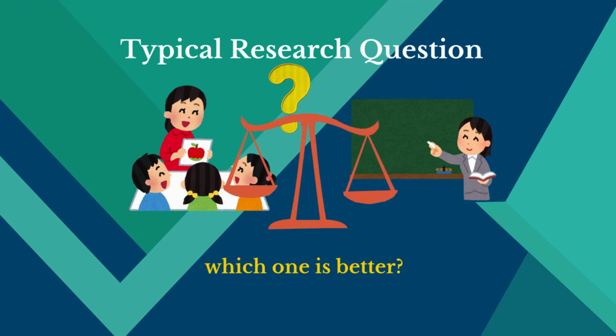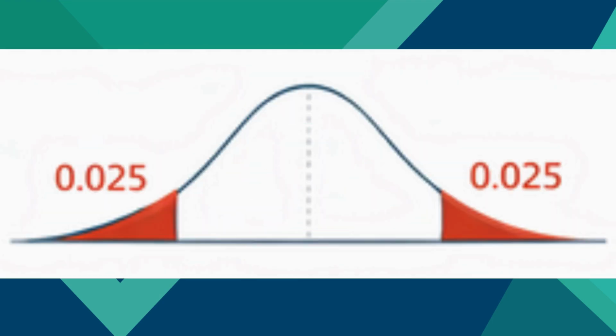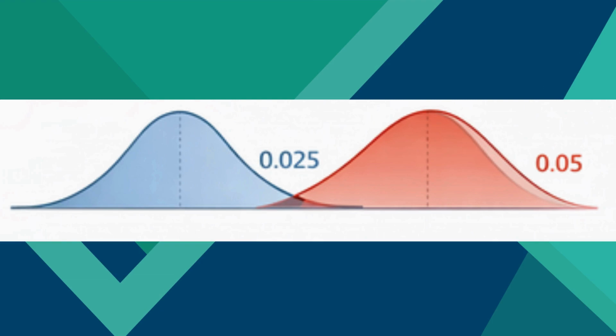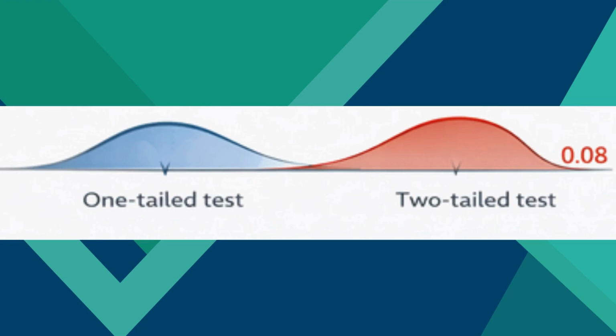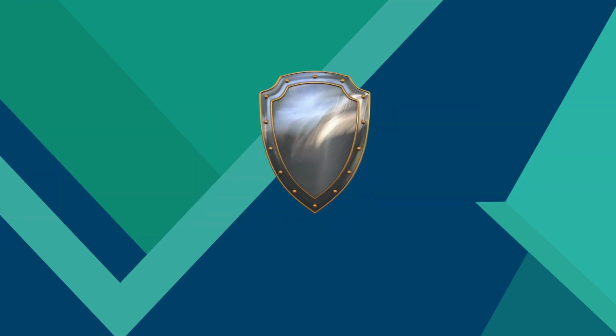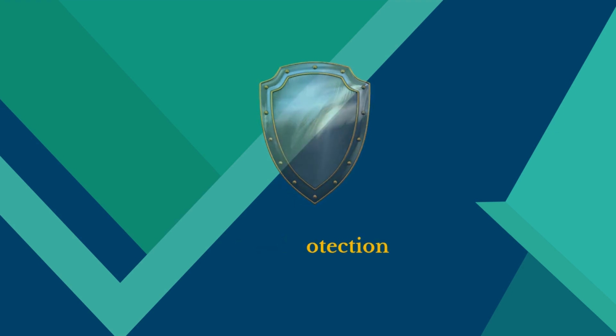So you split your skepticism. In a two-tailed test, the same total probability is divided across both tails. That means each tail gets less room. So for a result to look extreme, it has to be more extreme than in a one-tailed test. This is why two-tailed tests often produce larger p-values for the same data. But this is not a weakness. It's a statement of caution.